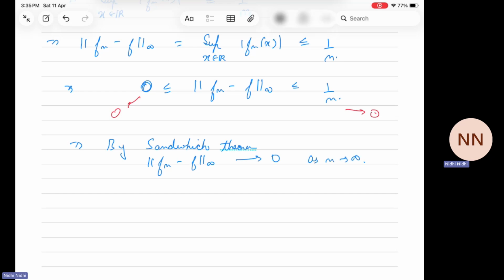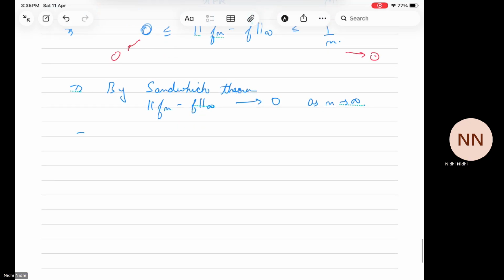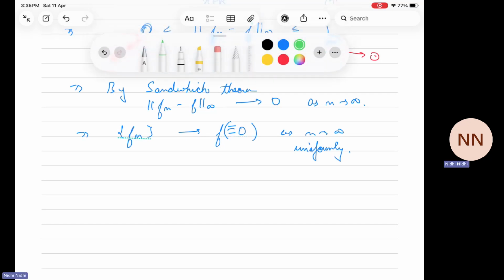And hence, we say that the sequence fn converges to f uniformly. So fn converges to f, and f was what? f was actually the 0 function, no? As n tends to infinity, uniformly. And hence, the given statement is true.